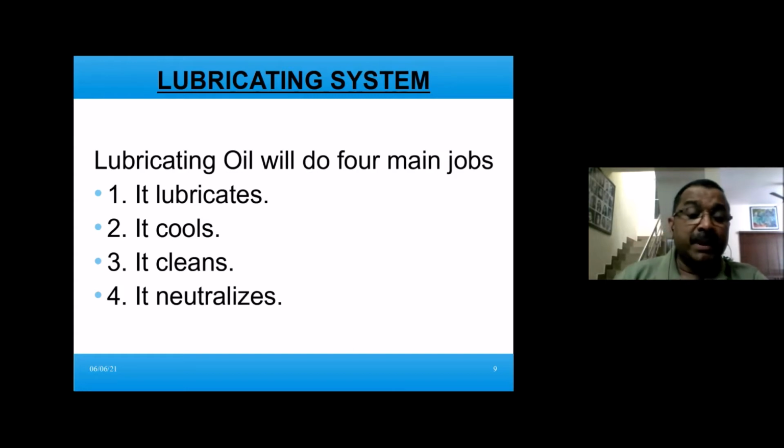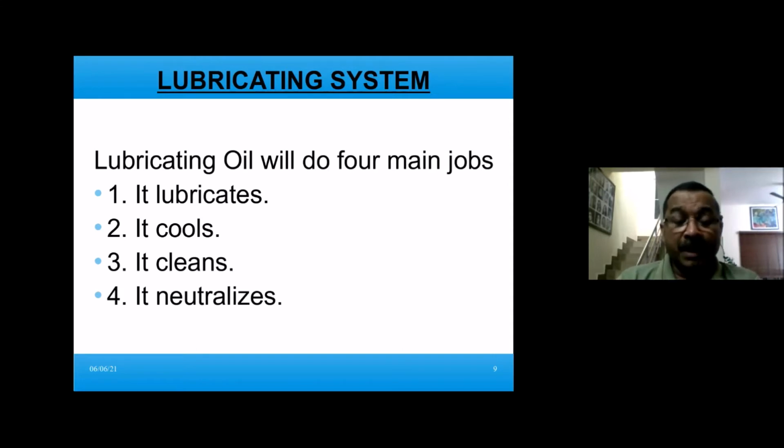The third job for the lubricating oil is that it cleans the engine. After the power stroke, the inner side of the cylinders will be deposited with carbon and other debris.